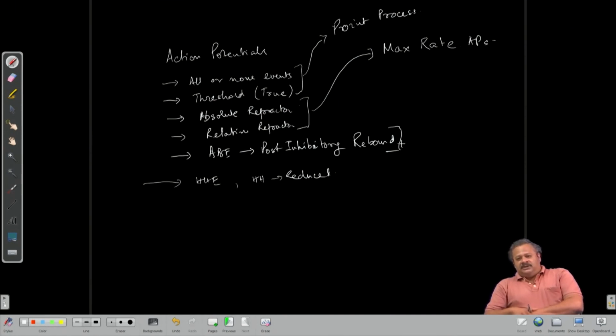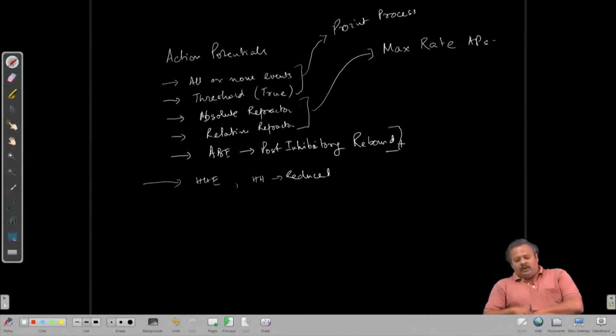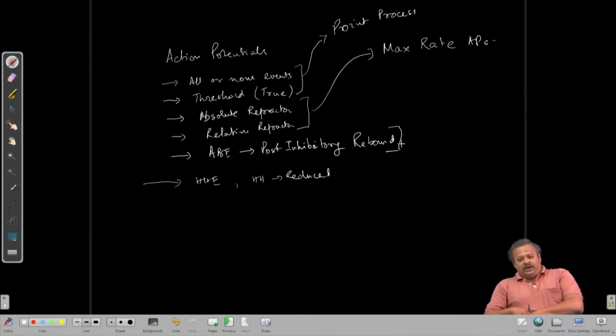So if the generation of action potential process is not crucial in terms of the questions that we are understanding, and if the exact timing of the action potentials are not as important for the questions that we are trying to answer with our modeling, we can reduce the Hodgkin-Huxley equations to much simpler point models of neurons.